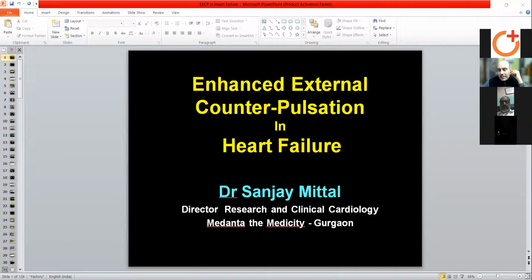So the latest advancement in the treatment of heart failure, for the last 2.5, 3 years, is dapagliflozin. This is the drug, and empagliflozin.